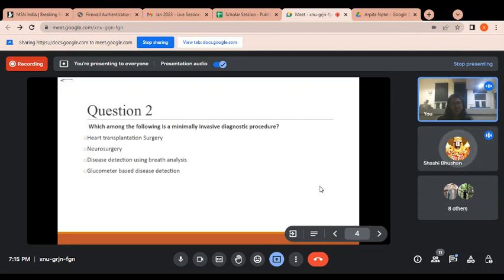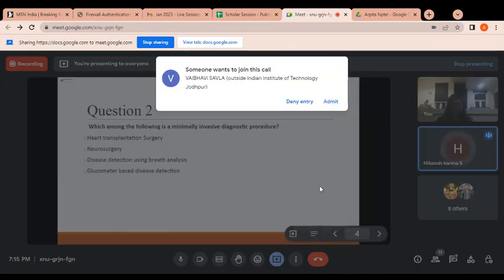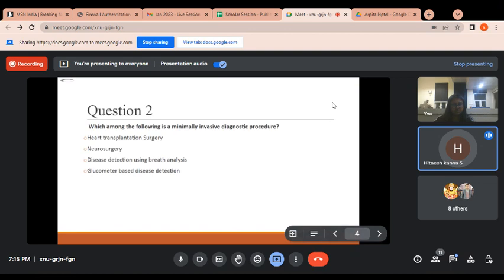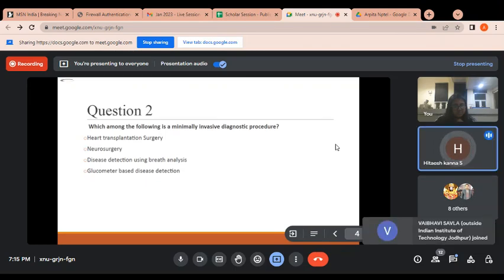Okay. Anyone else? What is the right answer? I think option one, heart transplantation surgery, is the most invasive diagnostic procedure.